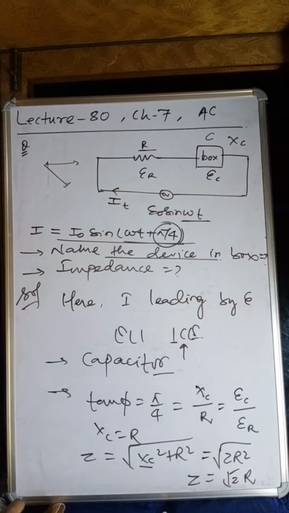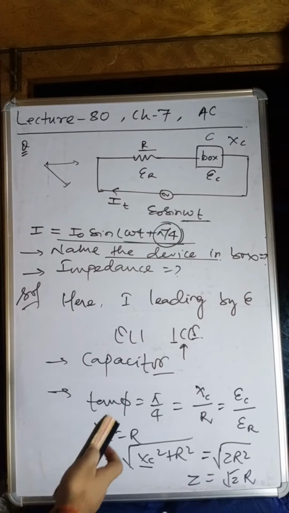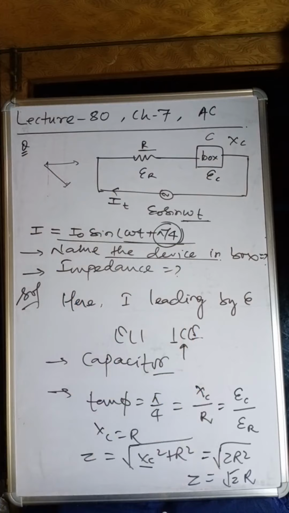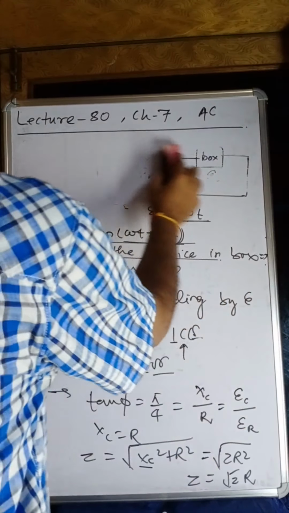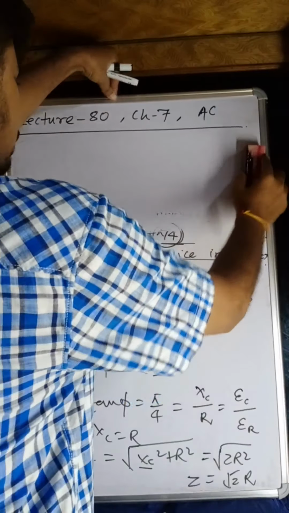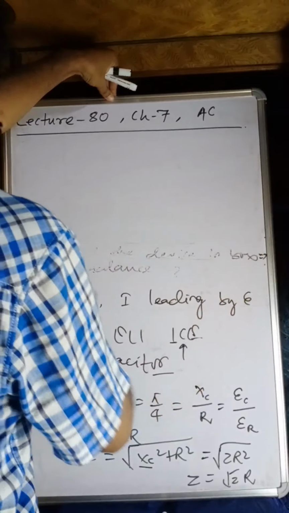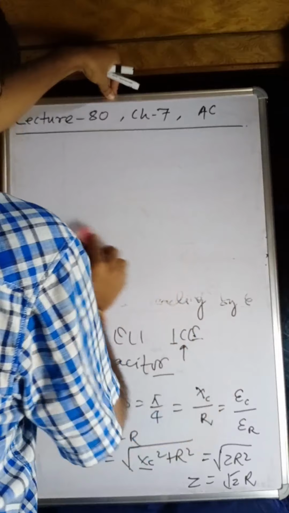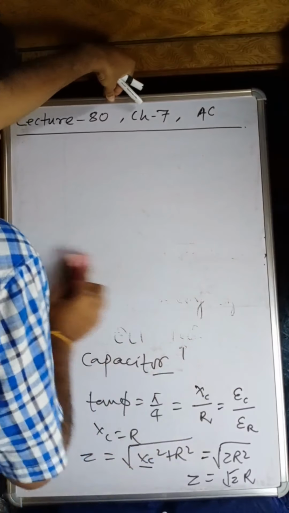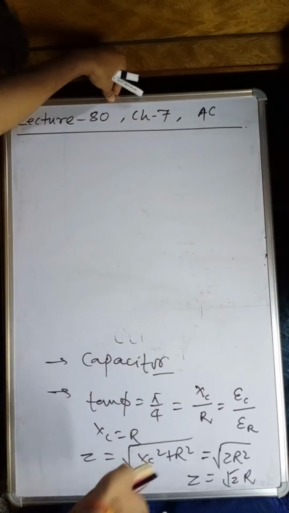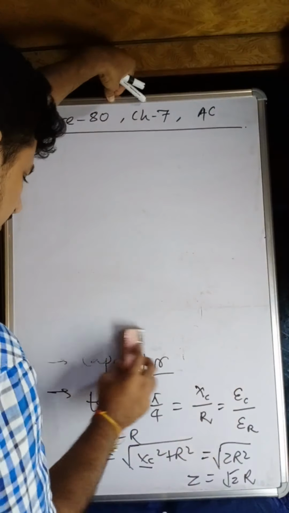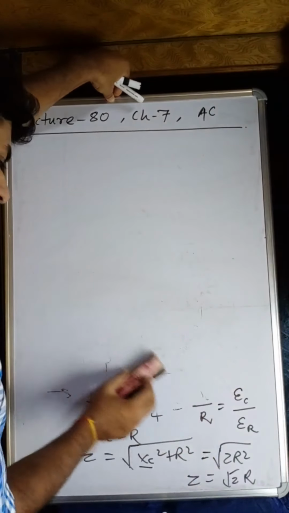Okay, let me discuss one more question. In this question, remember students, we have just solved a question in which the phase difference is pi by 4.